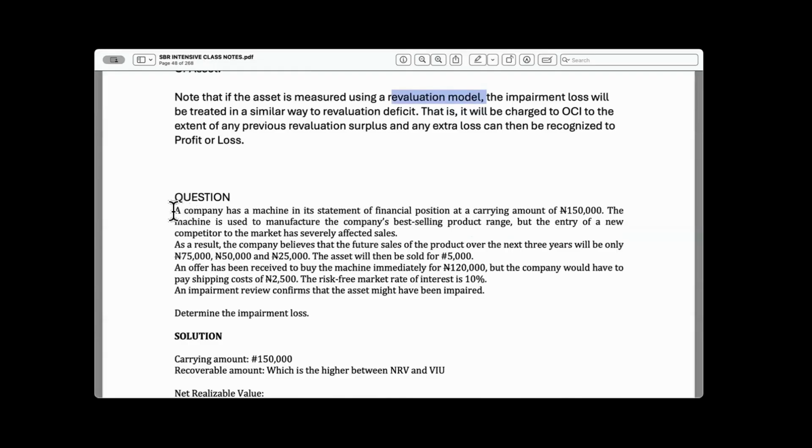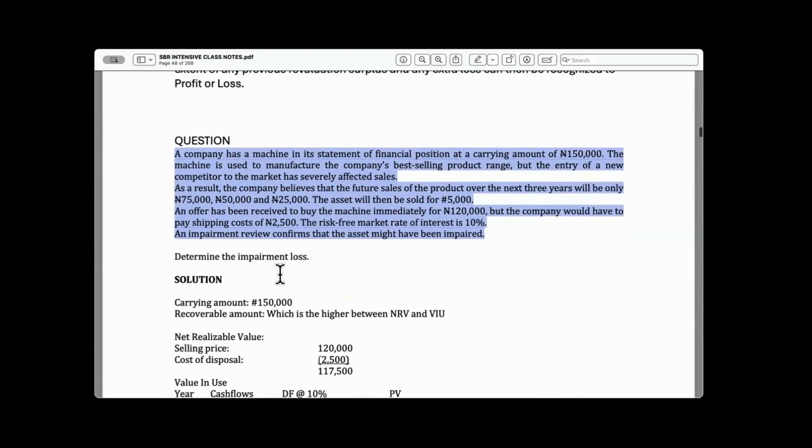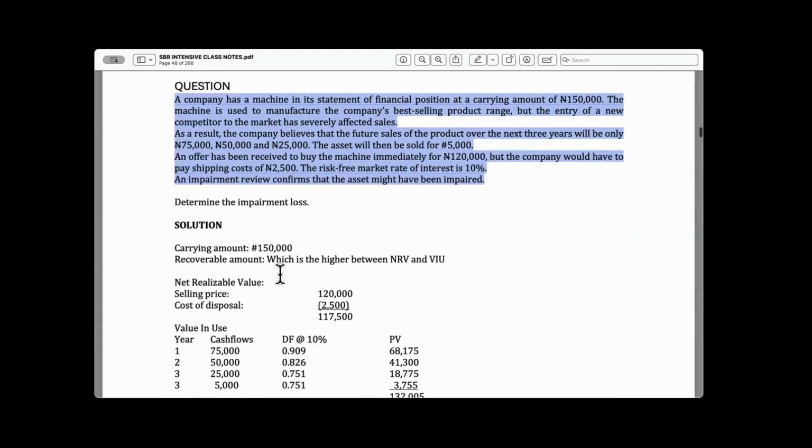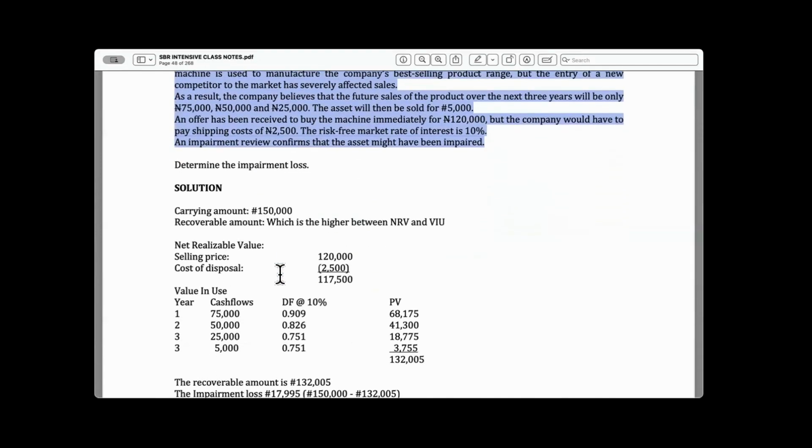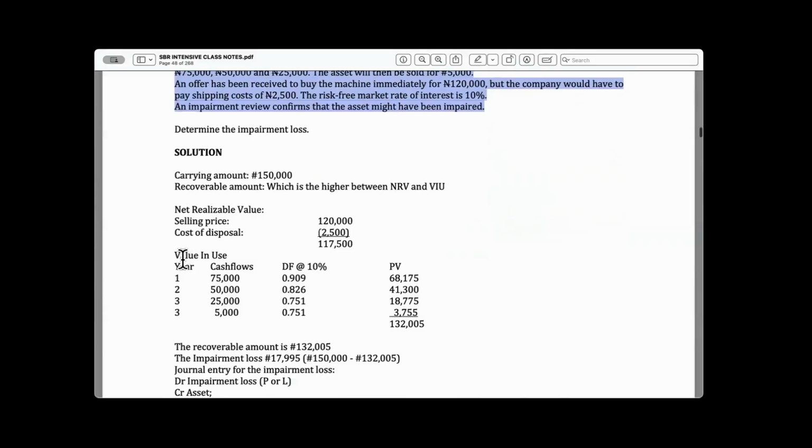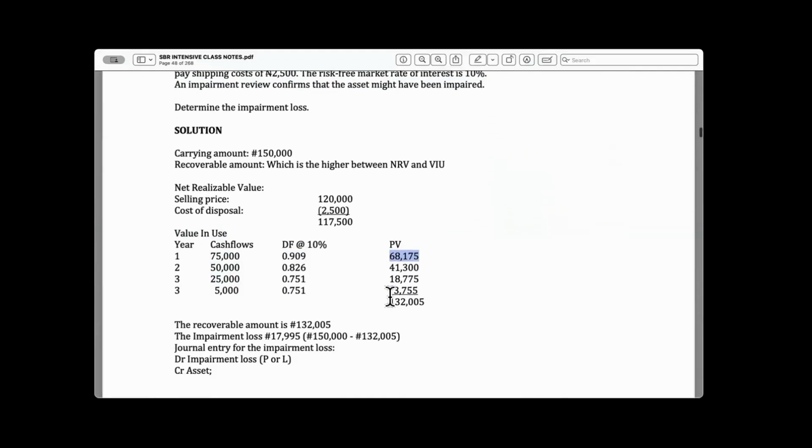And we solved some other questions that give us details around carrying amounts, recoverable amounts, and all that. This typically showed you how to determine value in use, where they give you future cash flows that you would have to discount to get their present value.